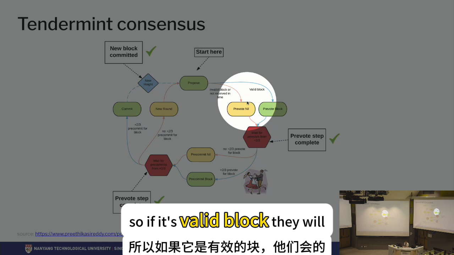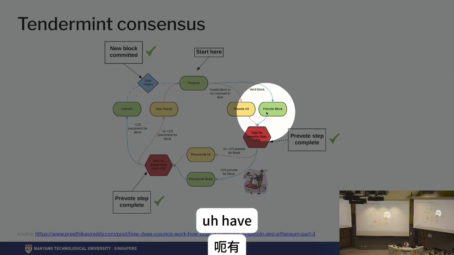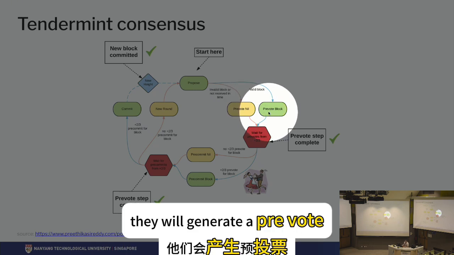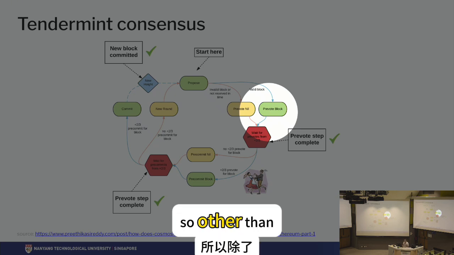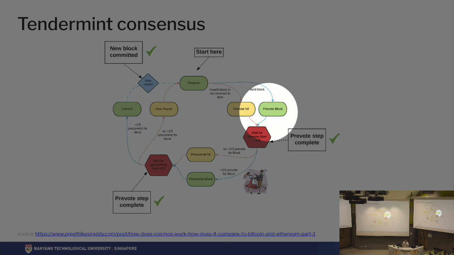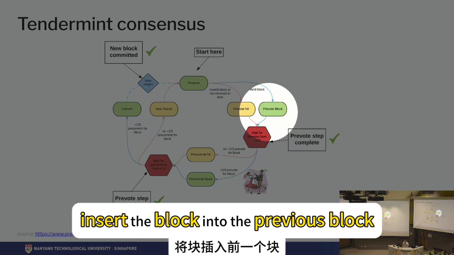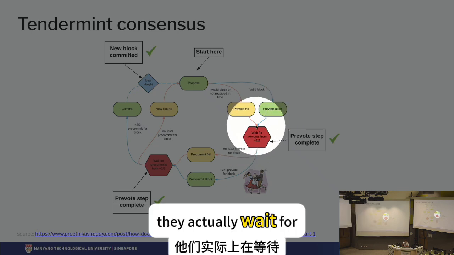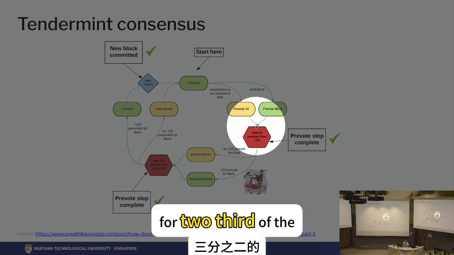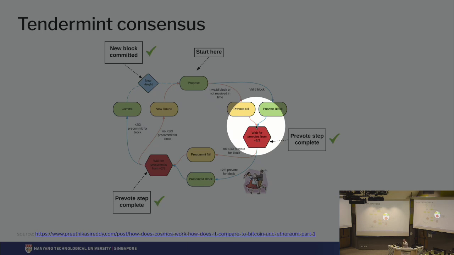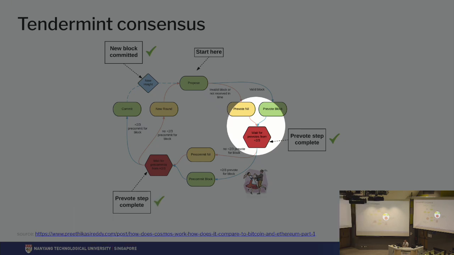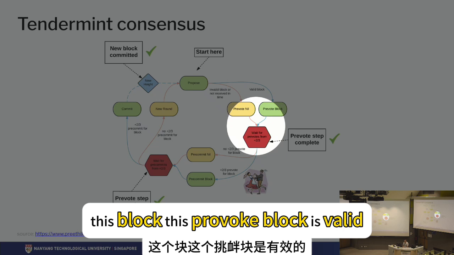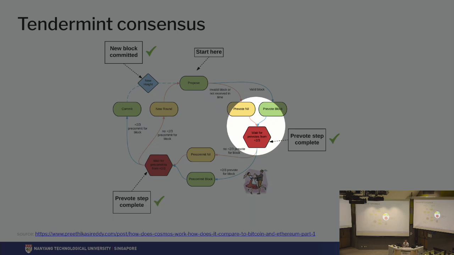If it's a valid block, they generate a pre-vote. Rather than inserting the block into the previous block, they wait for two thirds of the validators to come back telling the consensus this proposed block is valid.